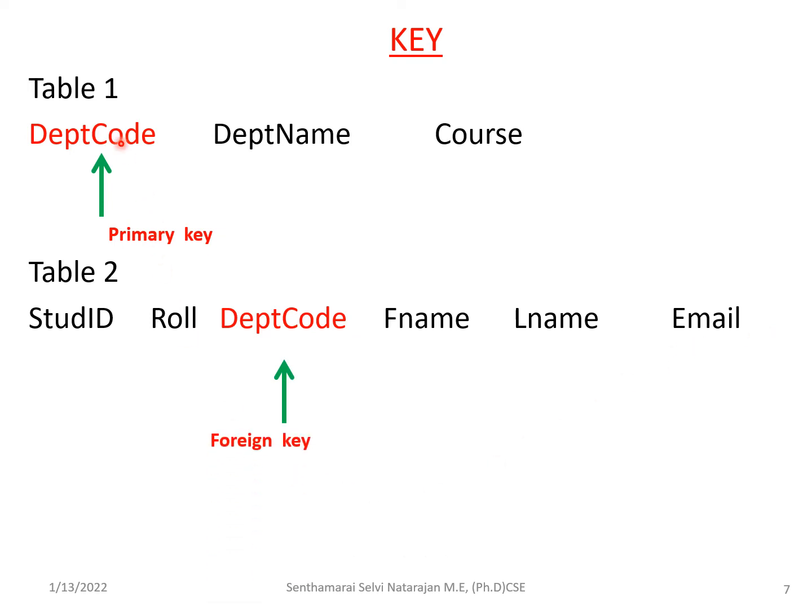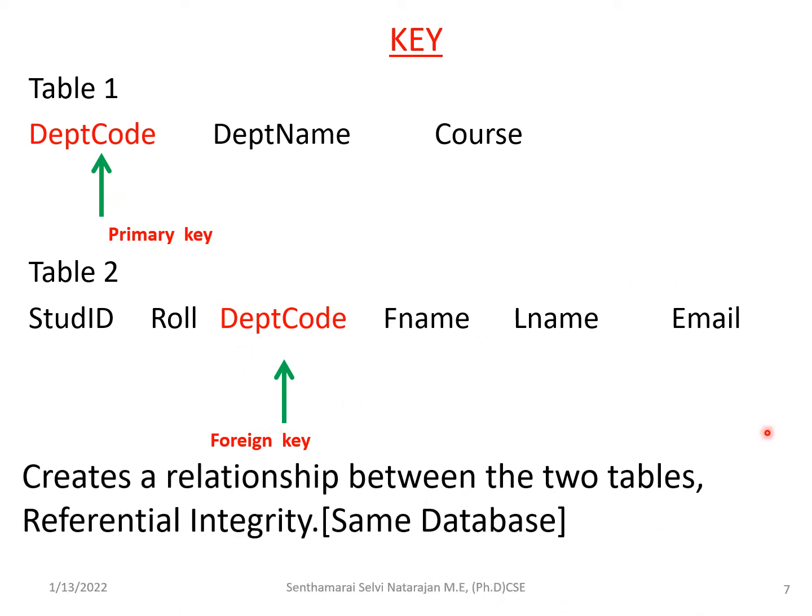It is a primary key in its own table, but when you refer to it from here, it acts as a foreign key. So it creates a relationship between the two tables, and it is called referential integrity, because you are referring to a field or attribute of one table from the other table.